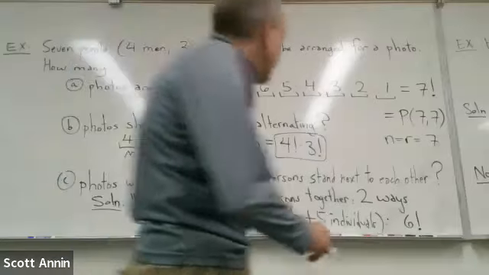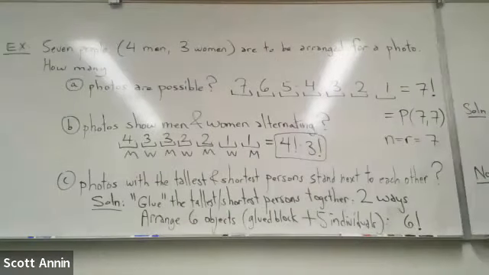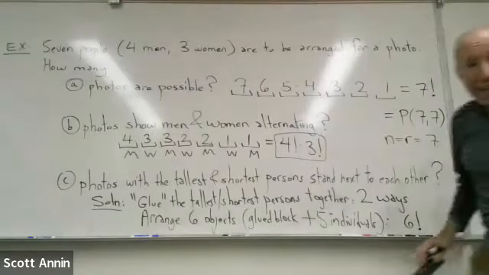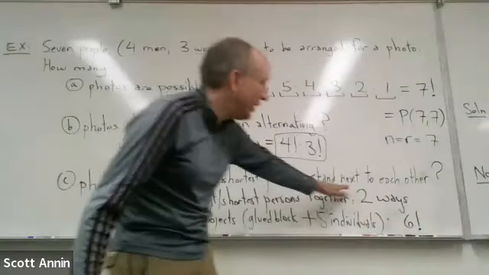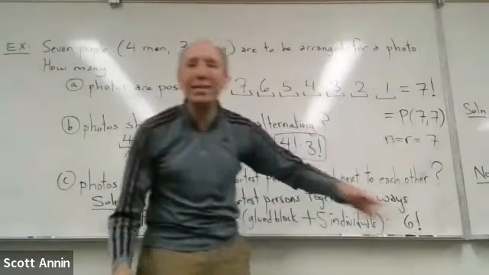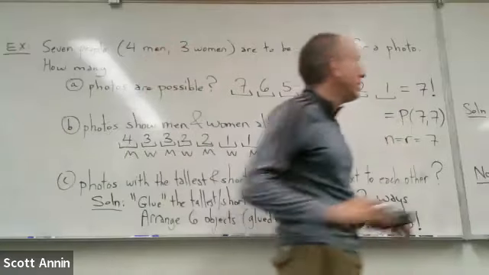Right. So my final answer comes from the multiplication principle. There's 2 ways to do the gluing, and then 6 factorial ways to now arrange everybody into the picture.